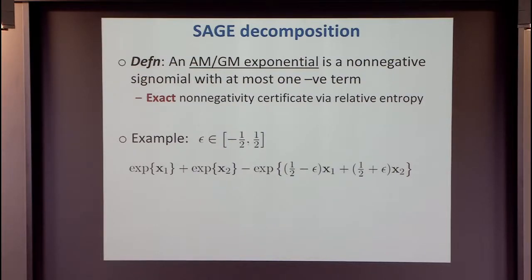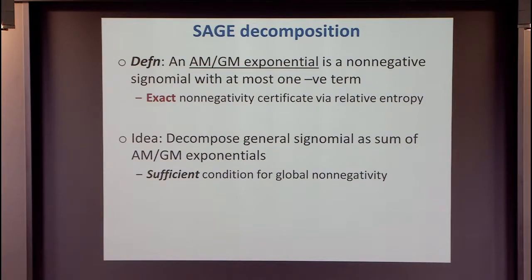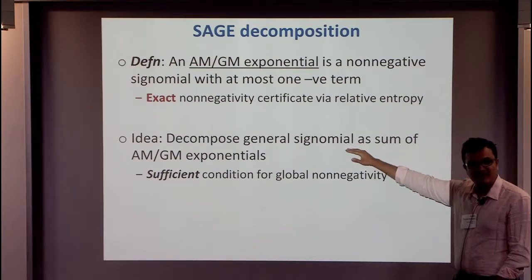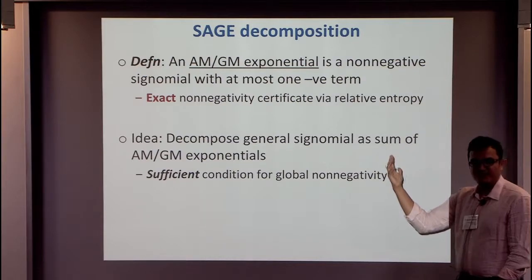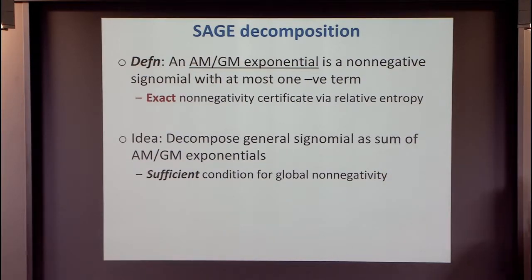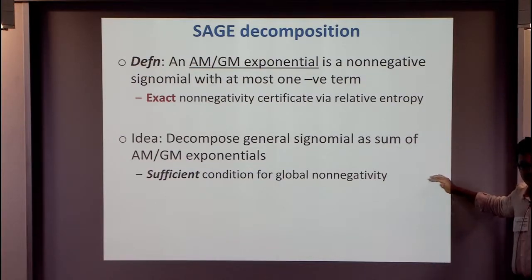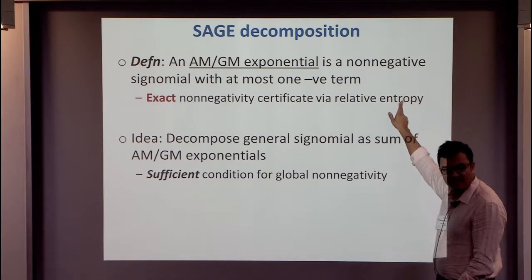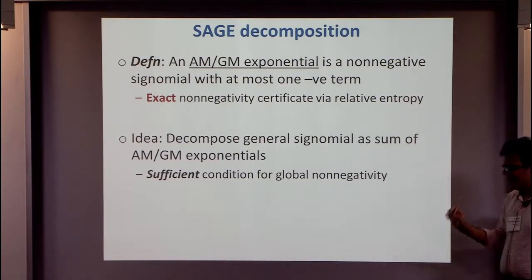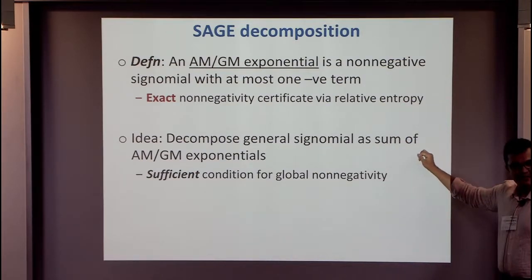To go now to the question that was just asked, to more general signomials that may potentially have more than one negative term, the natural thing to try is to decompose a general signomial as a sum of AMGM signomials. If I'm able to do this, and each term I know can be efficiently certified as globally non-negative, that leads to a sufficient condition, not equivalent, unlike in this case, but just sufficient, for global non-negativity of a signomial.